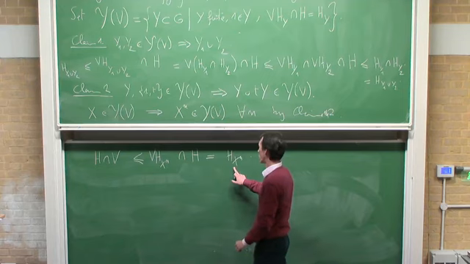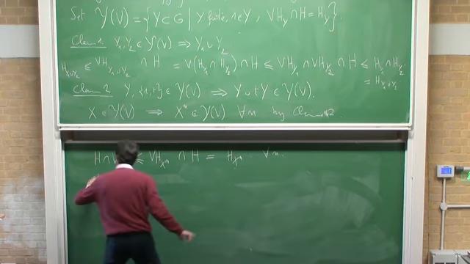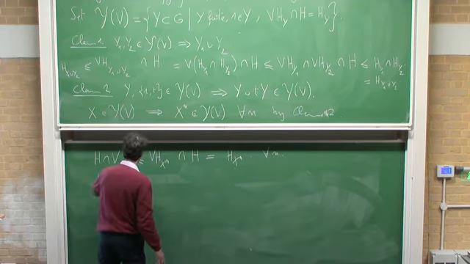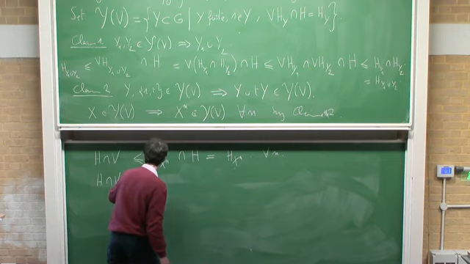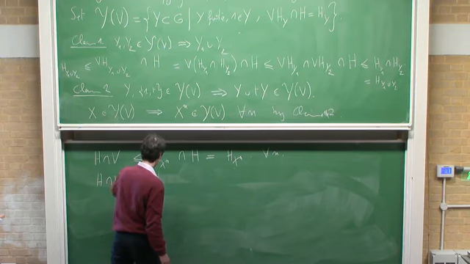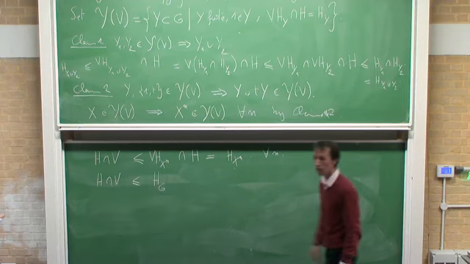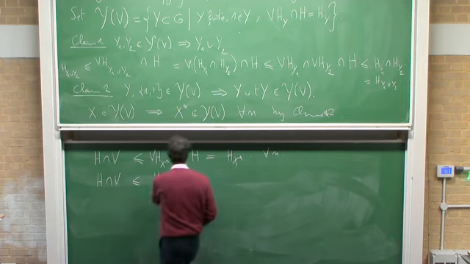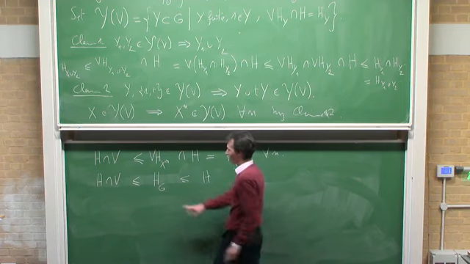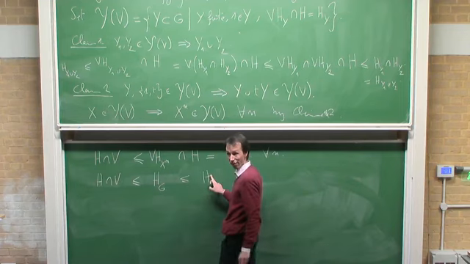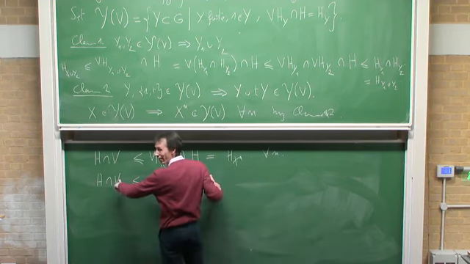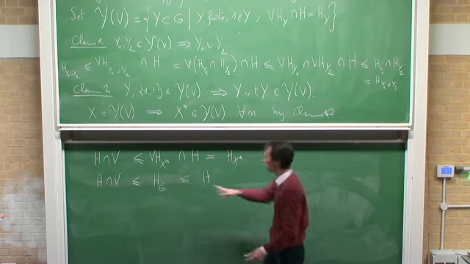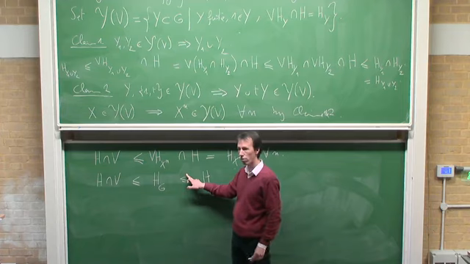So the intersection of H with V is contained in H_G. But the index of that here is finite because V is a finite index in G. So this index must be finite.